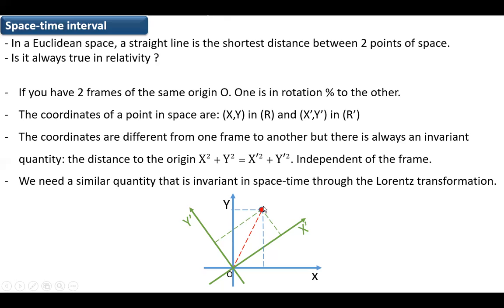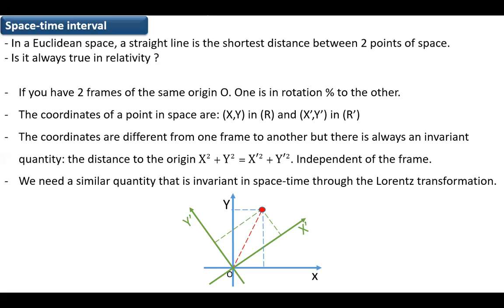So this red line is the same if you measure it in xy or in x prime, y prime. It is what we call an invariant quantity. This quantity is independent of the frame. So in all frames, this hypotenuse or this diagonal is the same. It is equal to x squared plus y squared.